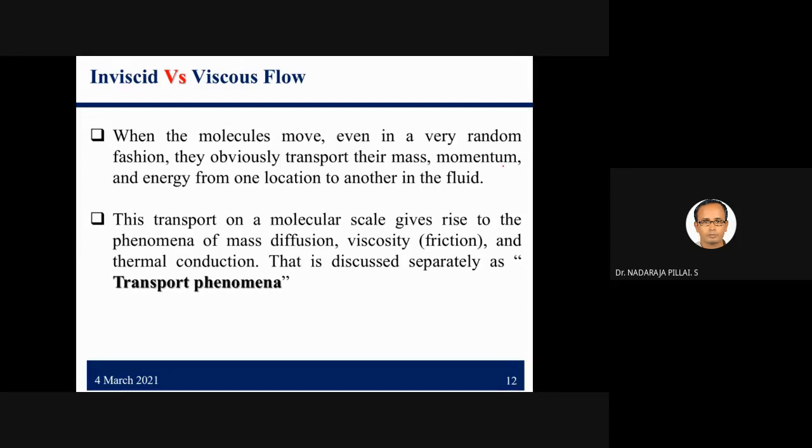So what properties? Mass diffusion, viscosity, and thermal conduction. Mass diffusion, viscosity, and thermal conduction as transport phenomena arise because the molecules move in a random fashion and transport their mass, momentum, and energy from one location to another inside the fluid continuum, right?